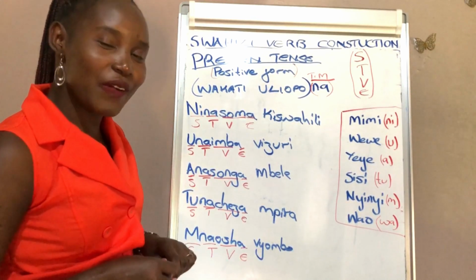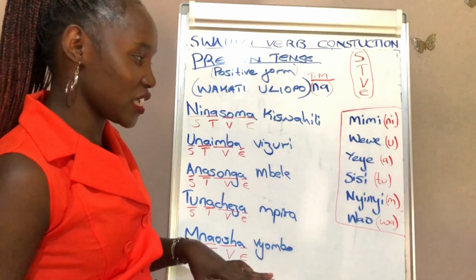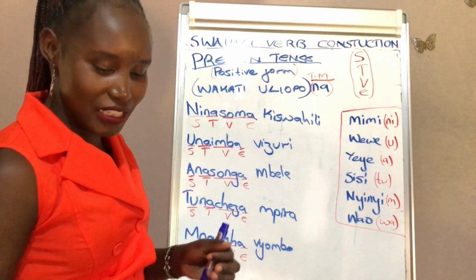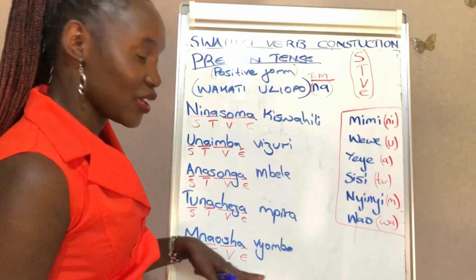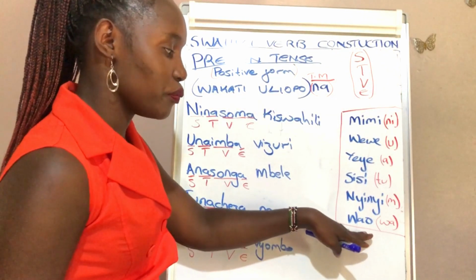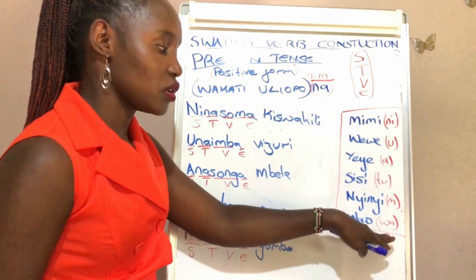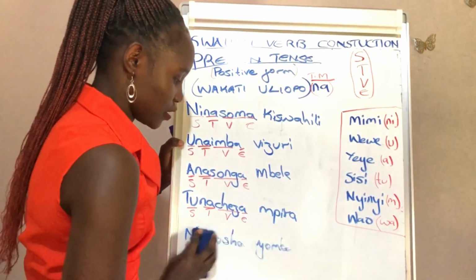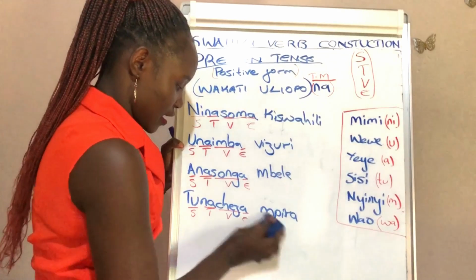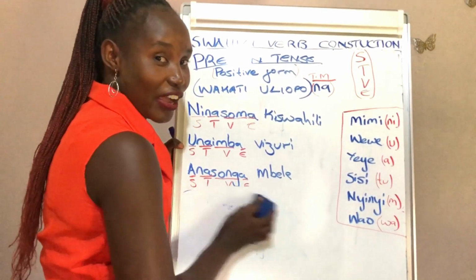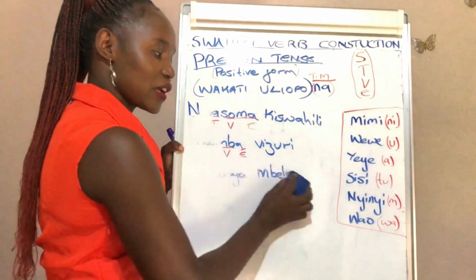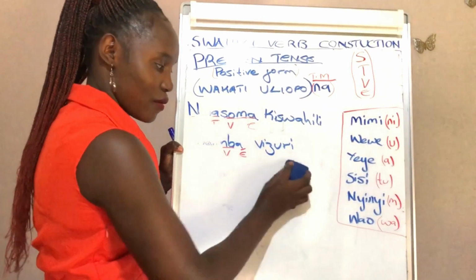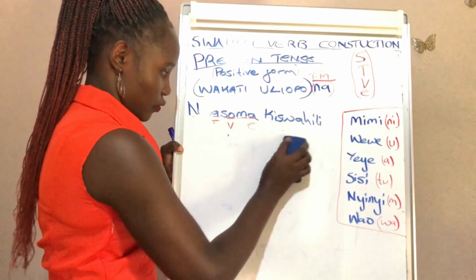Until this point, I want to say thank you so much for watching. But before we click out, we have a take home. So now we are remaining with personal pronoun wao, subject prefix wa, and this one we are going to take home. And please make sure you leave your answer in the comment section and keep practicing these sentences to be able to perfect yourself.